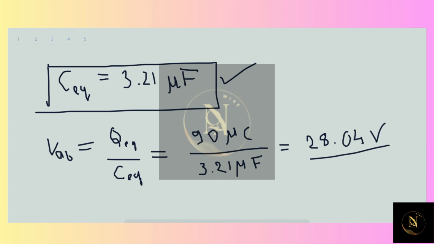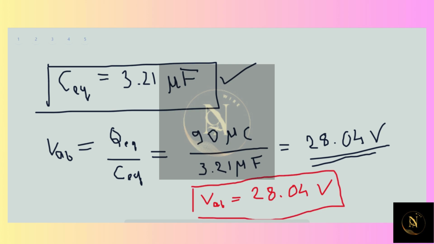So this is the value of VAB. Finally, my VAB equals 28.04 volts. This is the potential difference applied across the points A and B.